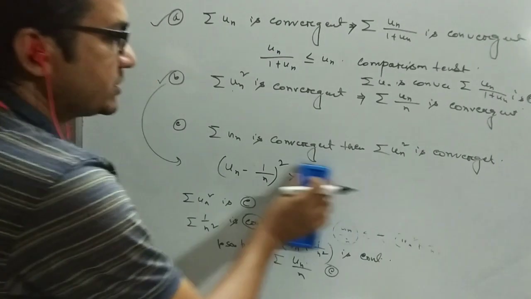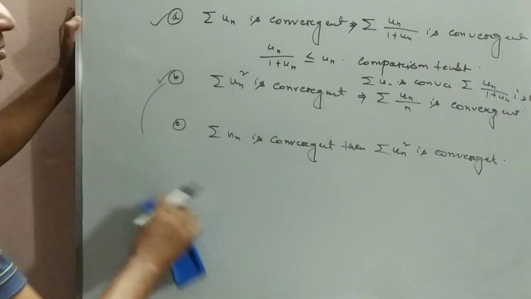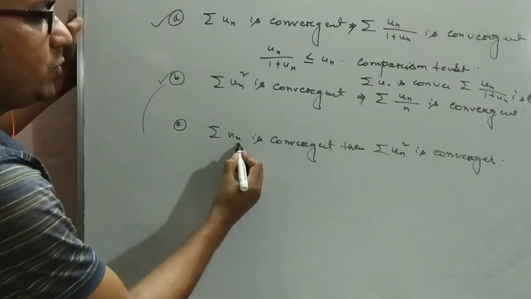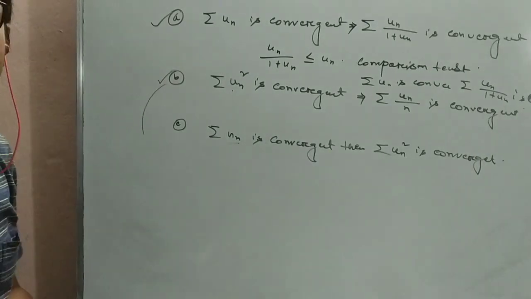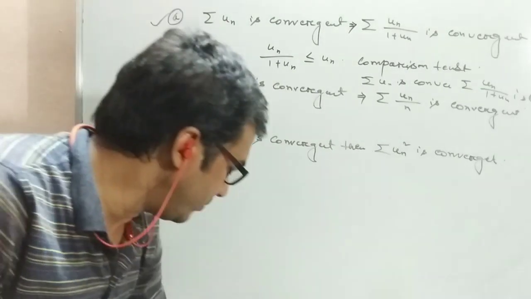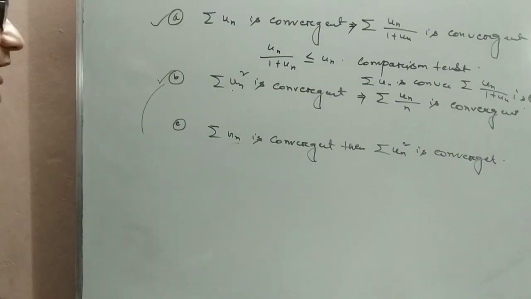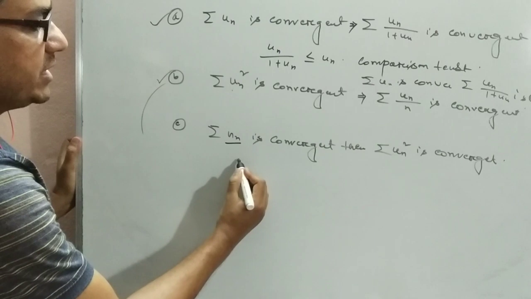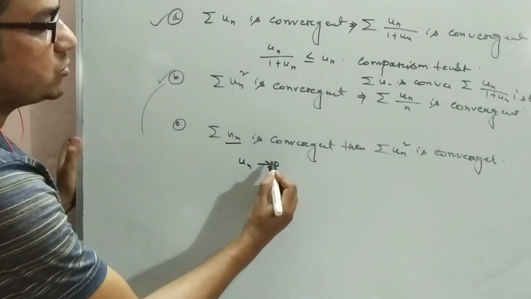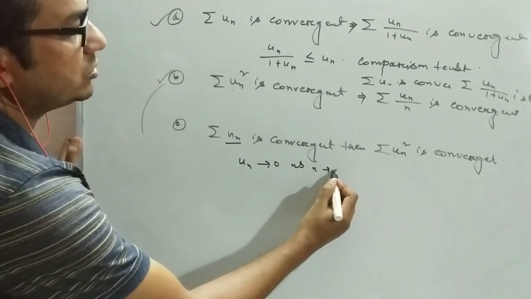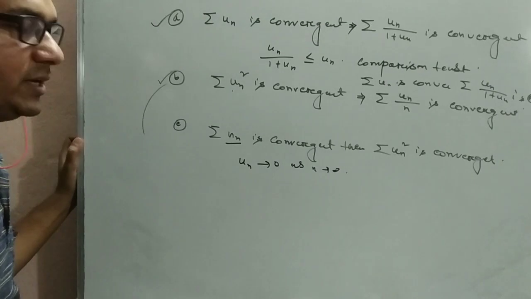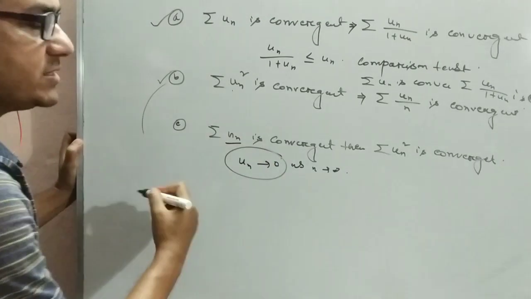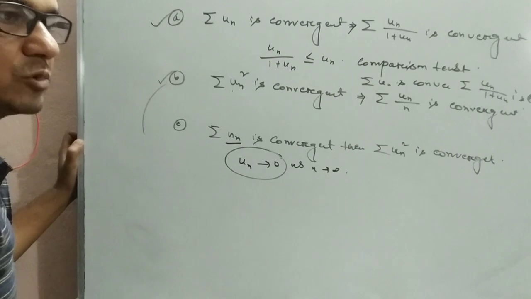And the last option, option C: summation un is convergent. From the definition of convergent series, we say that if summation un is convergent, then un must tend to 0 as n tends to infinity, right? That is the definition of convergence.